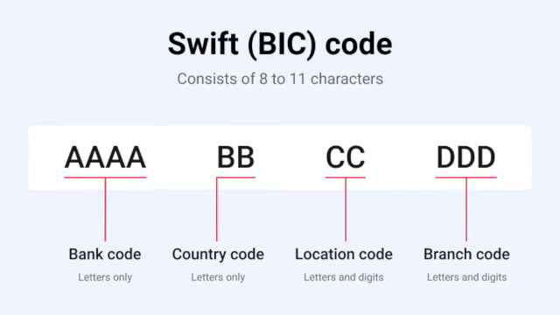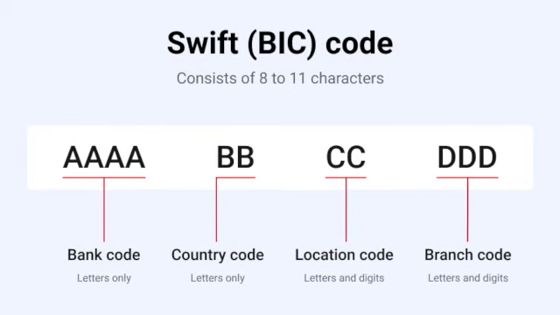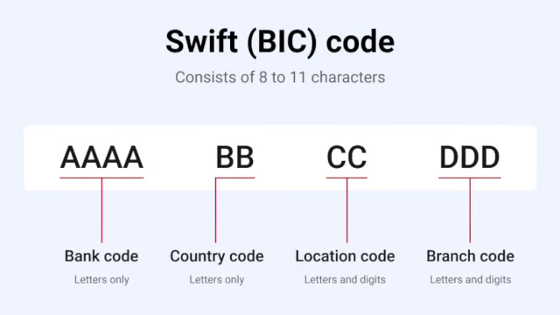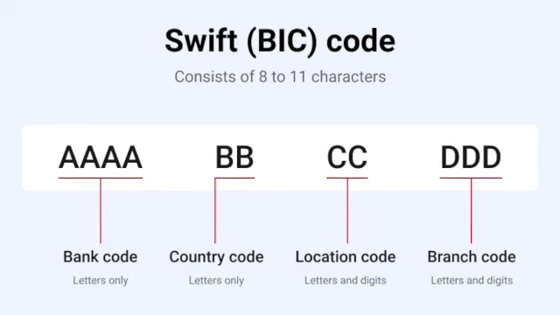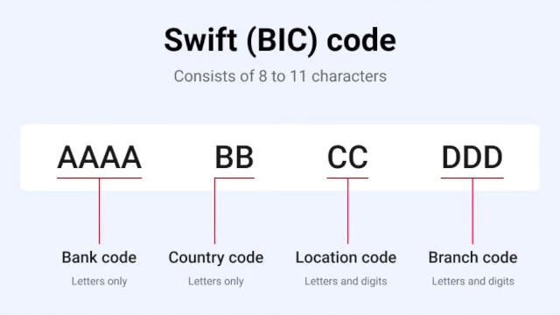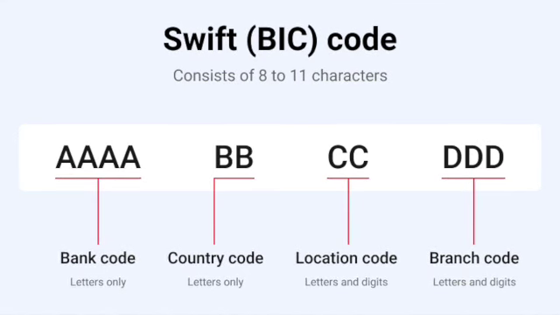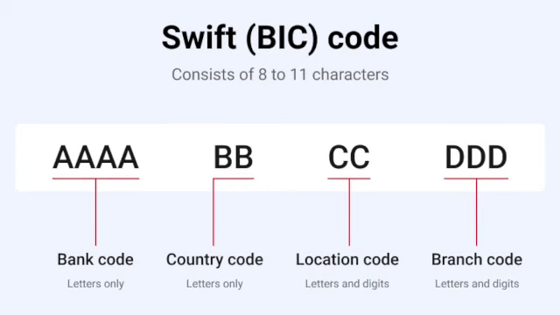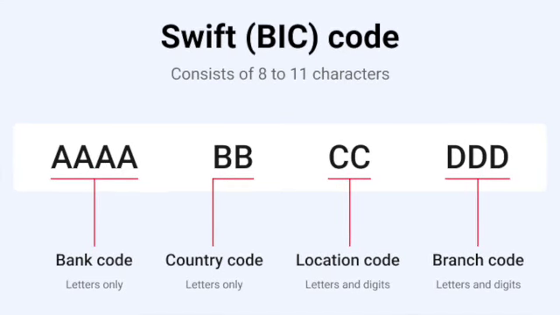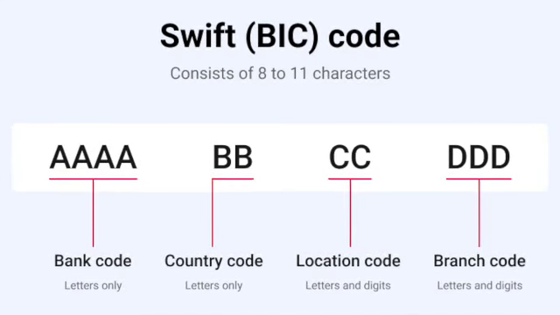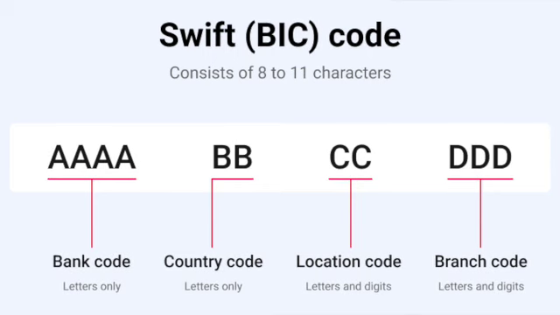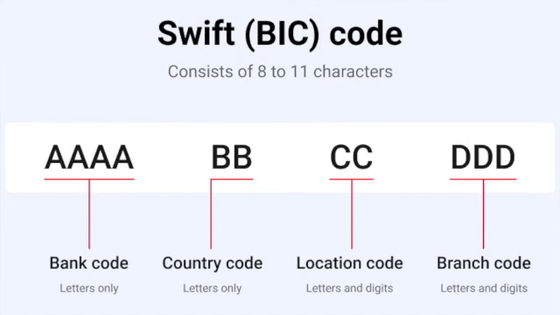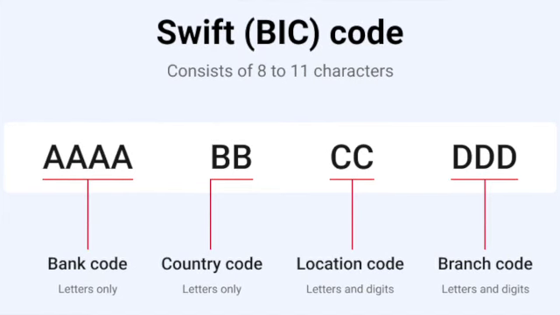But some banks, especially big banks, have offices in different countries and different cities. Therefore, it is very important to have the country code, which is the next 2 characters of the 8 to 11 digit code that I mentioned, known as the BIC, or bank identifier code, or the SWIFT code.